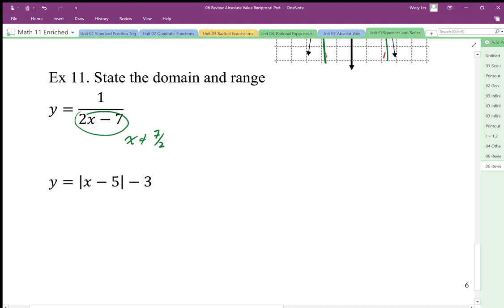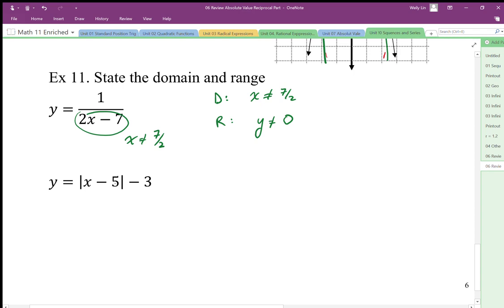So for my domain, it's going to be all real numbers except x is not equal to 7 over 2. For the range, we have to think of where the horizontal asymptote is. In this case, the horizontal asymptote is going to be at 0, which means that since this graph doesn't cross 0, the y will not be equal to 0 as well, because it's going to follow the asymptote of 0.